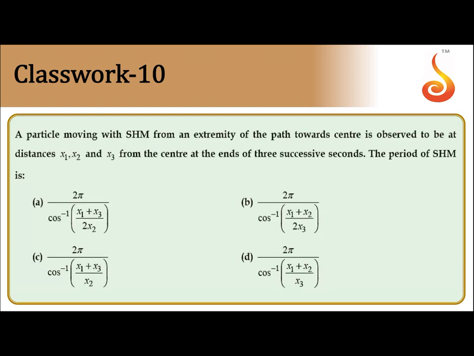Next one. A particle moving with SHM from an extremity of the path towards the center is observed to be at distances x1, x2 and x3 from the center at the ends of 3 successive seconds. The period of SHM is, okay. So now let us consider this. It starts from extreme position.